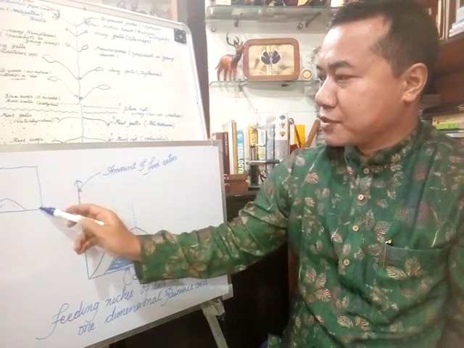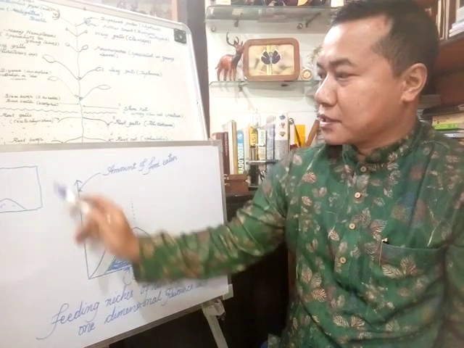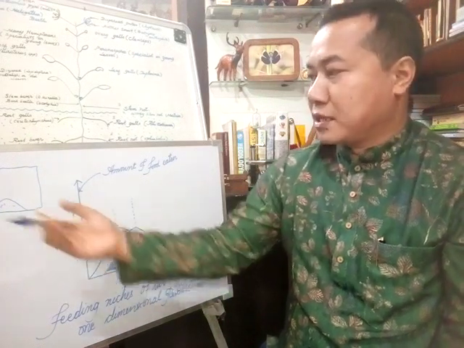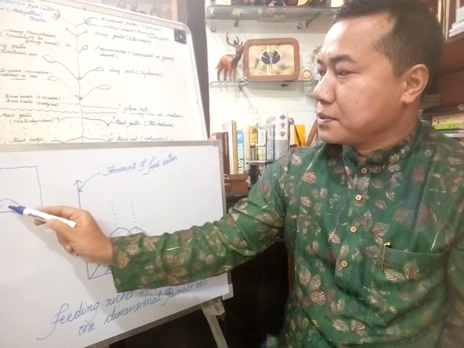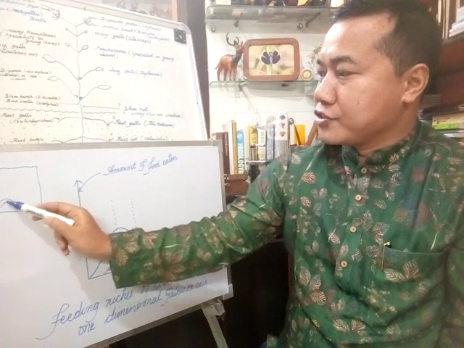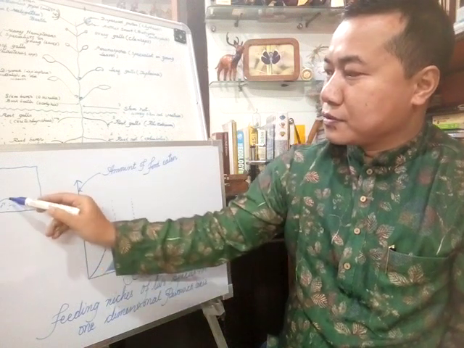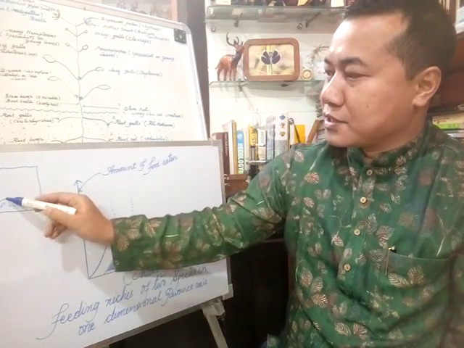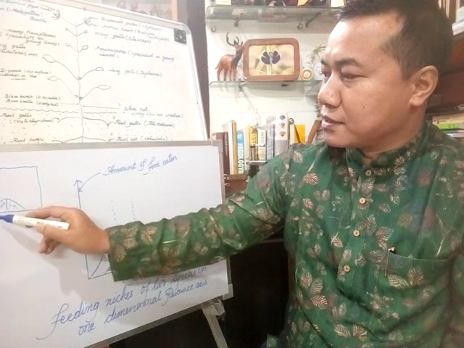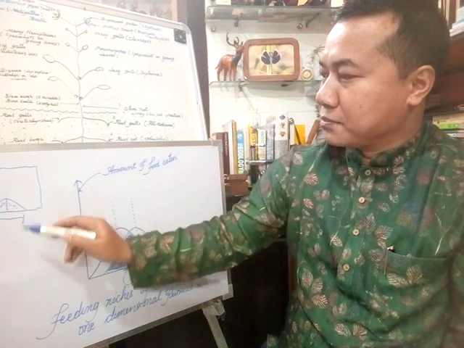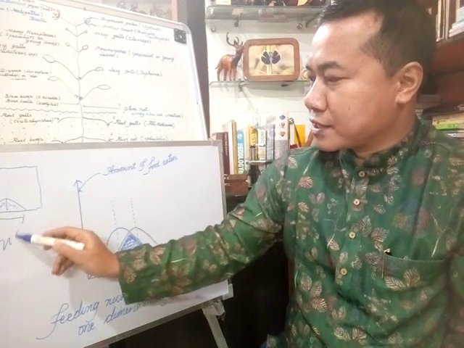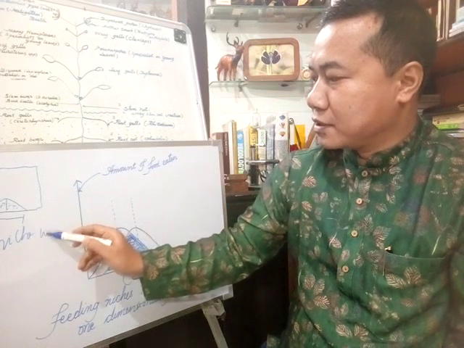Suppose this is the habitat of an organism, a particular grassland or forest or wetland. So this organism A is consuming the food here in this particular region. Sometimes we call this niche height, and sometimes we say that from here to here can be called the niche width, niche breadth.